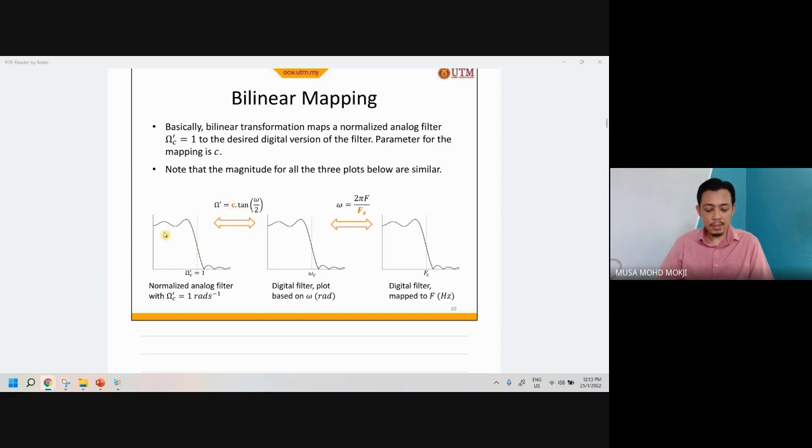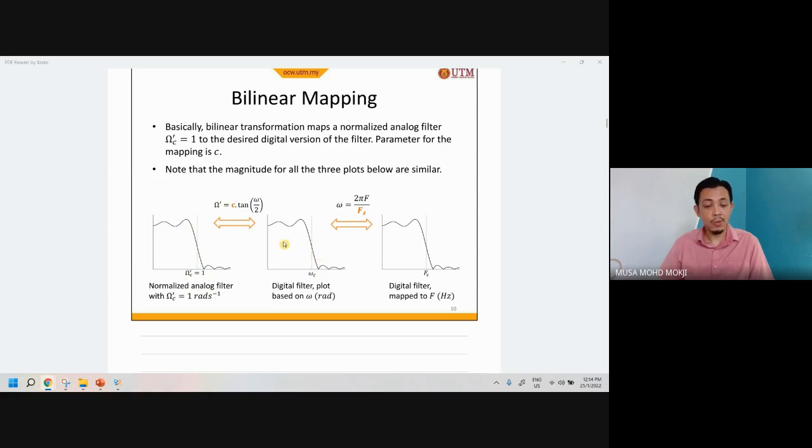The y-axis doesn't change because it doesn't involve the y-axis. We only change the frequency, the Z plane and S plane. The difference here is omega c equals 1, and this other omega c is the one given in the spec, which is required.